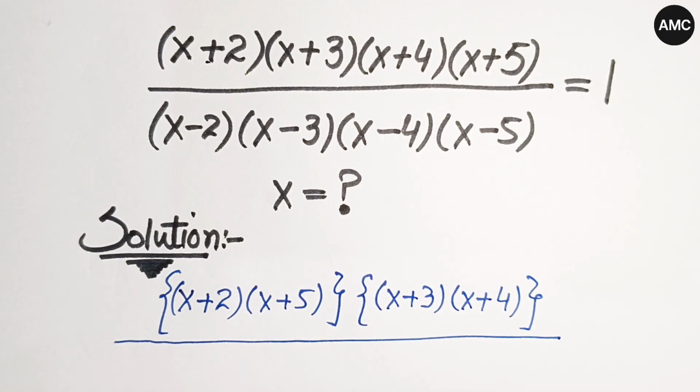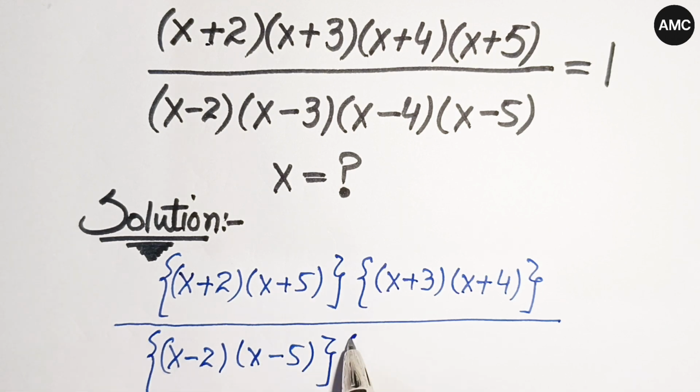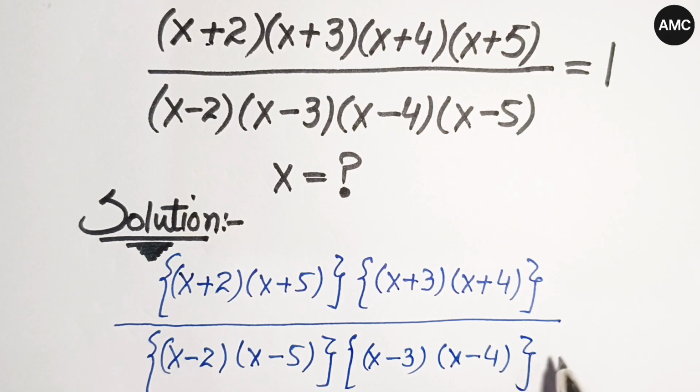We do the same step in the denominator: (x-2)(x-5) is our first pair, and (x-3)(x-4) is our second pair, that is equal to 1.